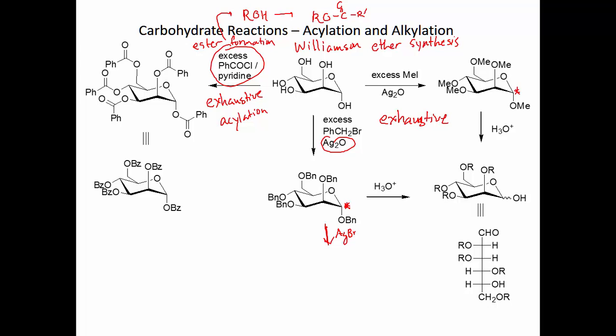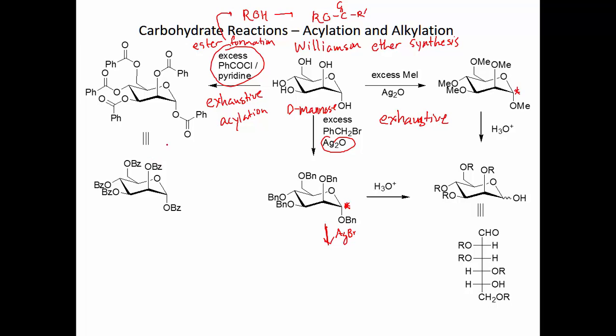All right, so if we treat this carbohydrate mannose in this case with a large excess of benzoyl chloride, the acid chloride here in pyridine, what we're going to find is that we get benzoate groups on every, or benzoyl groups on every oxygen.